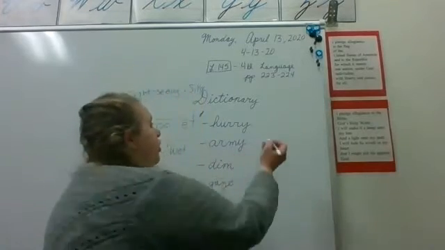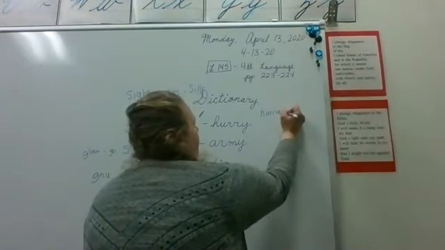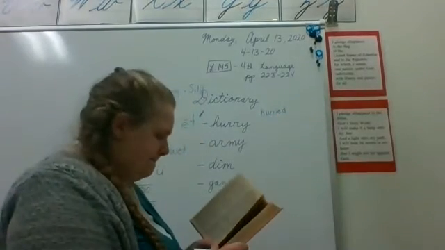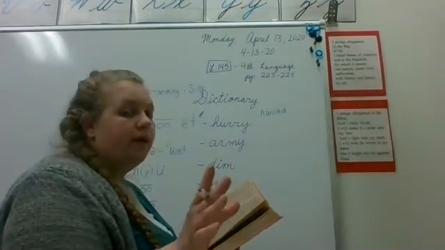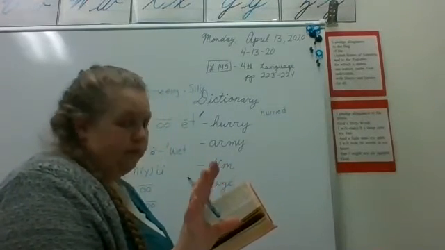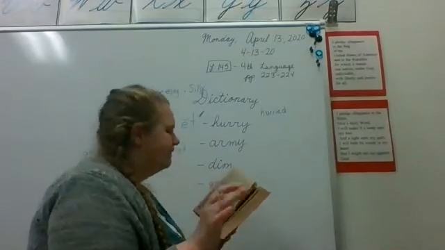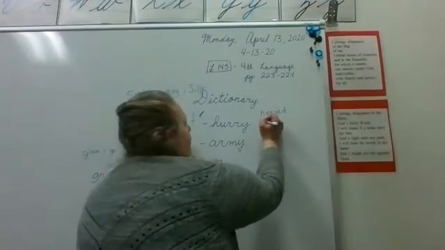Okay, you might have hurried. If you need to pause to get a piece of paper to write these down, that's fine. I'll be here when you come back. Okay, you might have hurried. You might have hurrying.